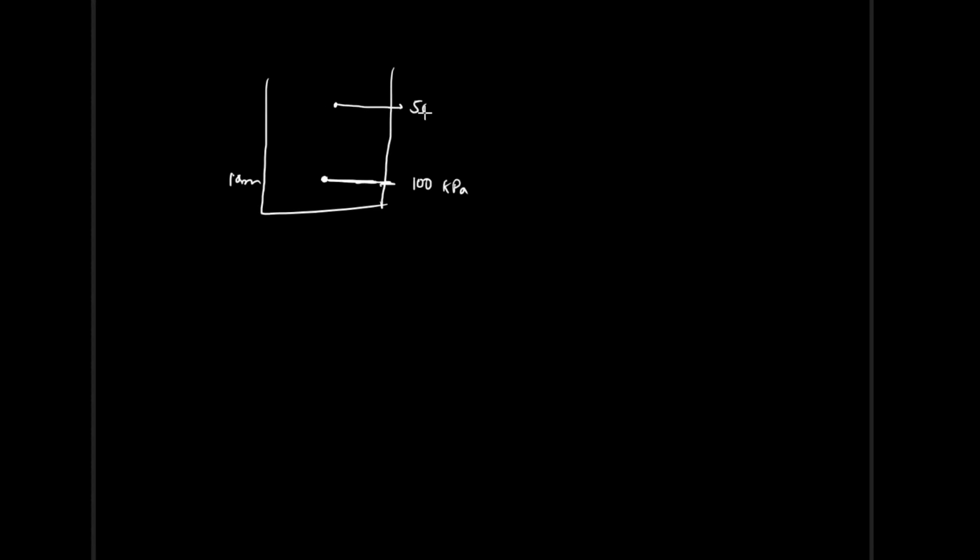We know that dP by dH is equal to the specific weight. But in this case we are going from bottom to top, so the pressure decreases, and we use the minus sign.